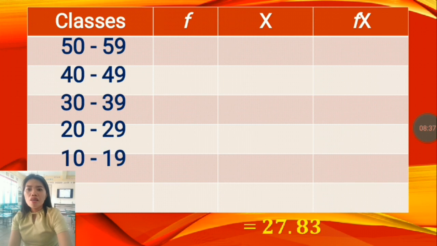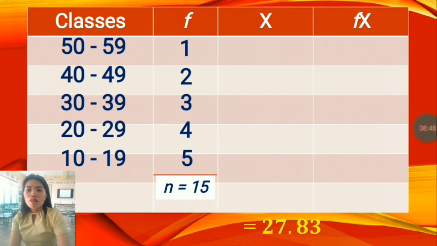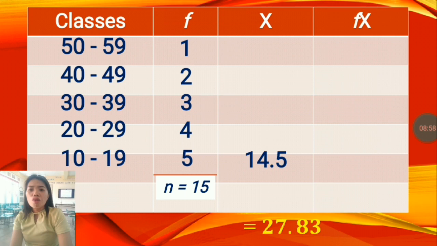So, rewriting the classes and the frequencies, and the total number, or the sample size, is 15. We're going to get the class mark. We actually added two more columns, sorry.